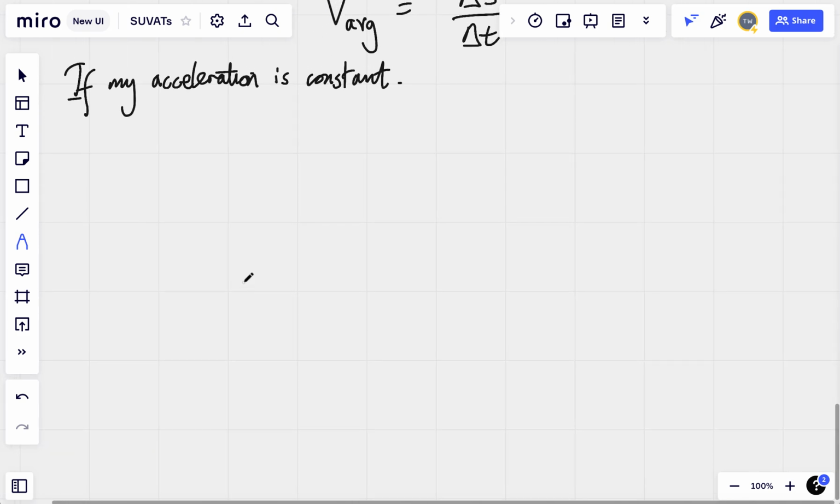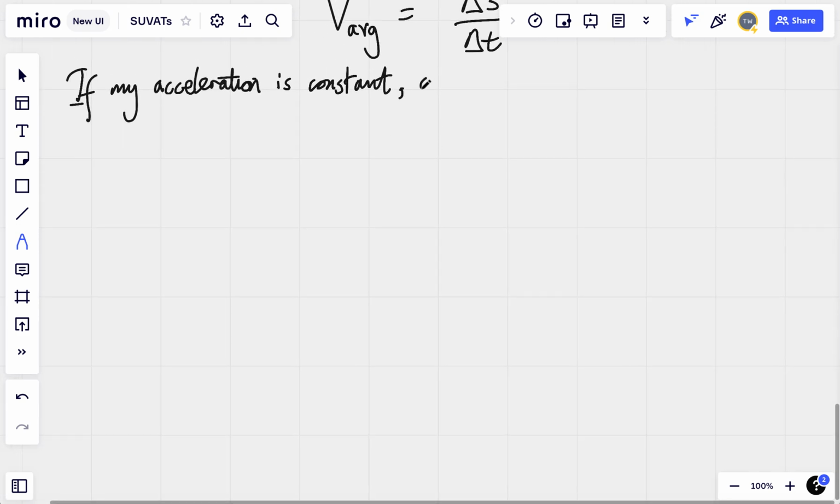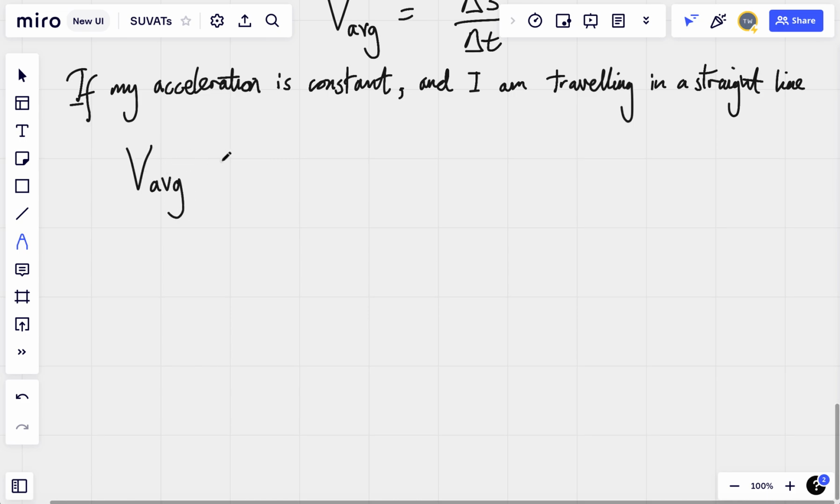So if my acceleration is constant and I'm travelling in a straight line, and only in this situation, I'm allowed to use the idea of mean, okay? So I can use v average equals (u plus v) all over 2, essentially finding a mean.